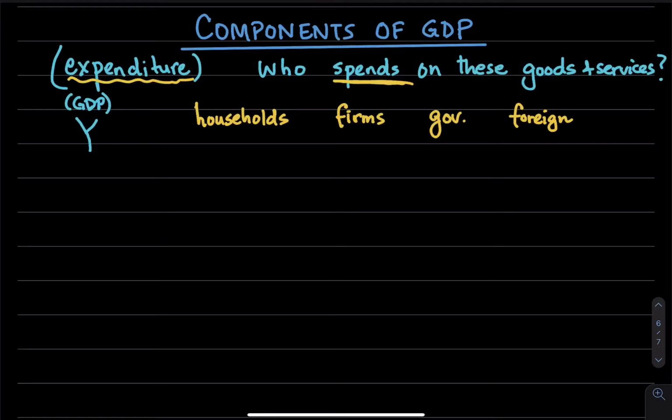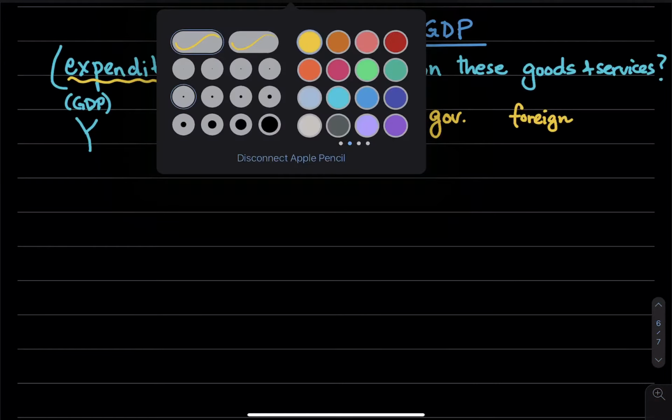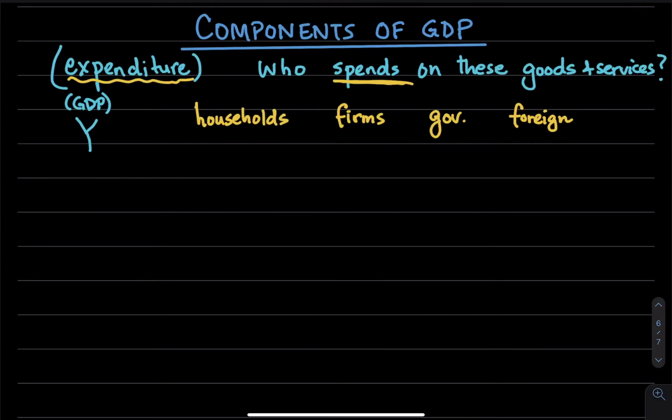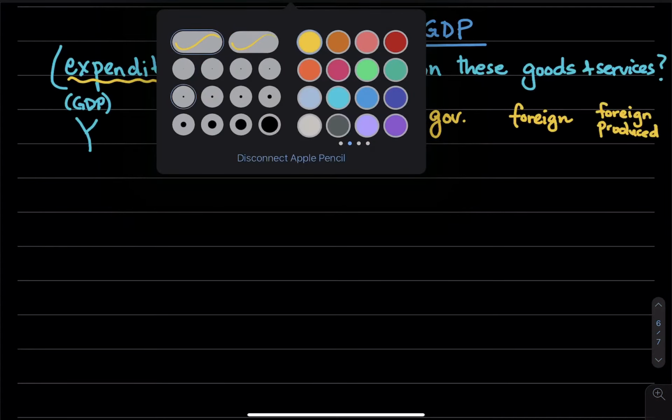And so we can try to make sense of this by saying that sometimes households, firms, and governments can also spend money on goods and services that aren't produced in the United States, for example. So there might be some expenditure which is on foreign produced goods and services. And you know by now what that is called. So we'll get to that in a minute.